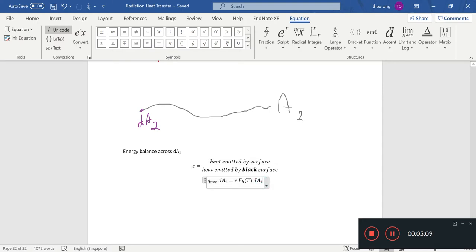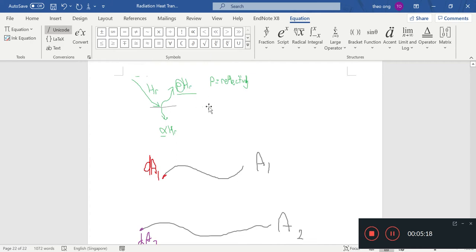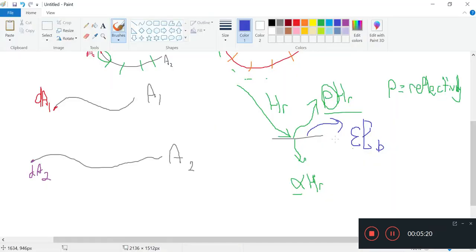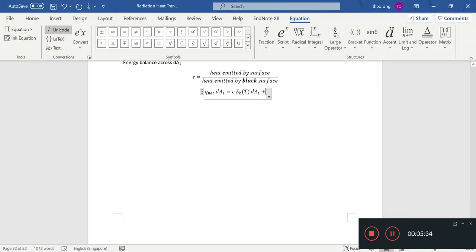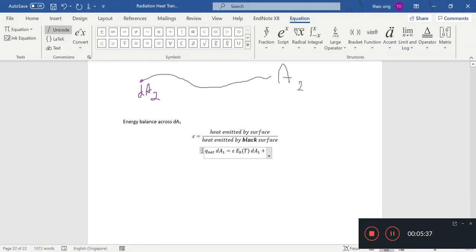So this is the radiation coming off this surface by emission, plus the reflected part. For a gray surface, the reflected radiation is scattered equally in all directions, just like the emission. That's why it's called diffuse, a diffusely reflecting surface.